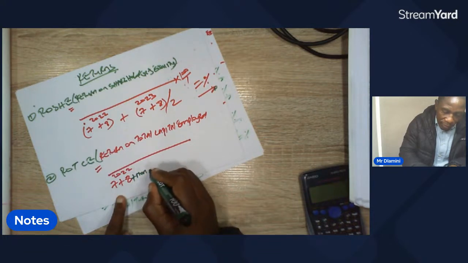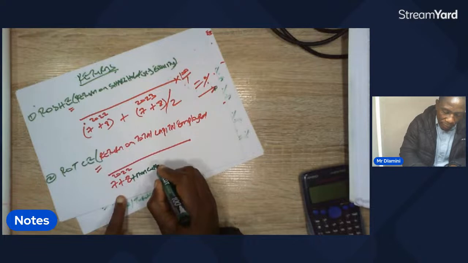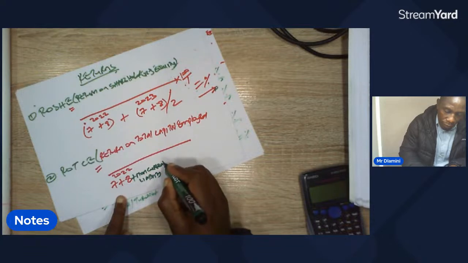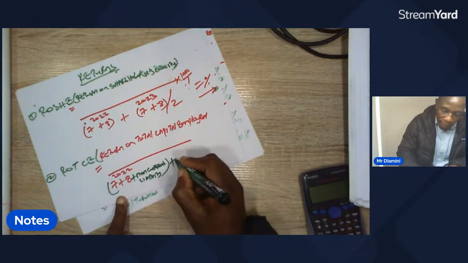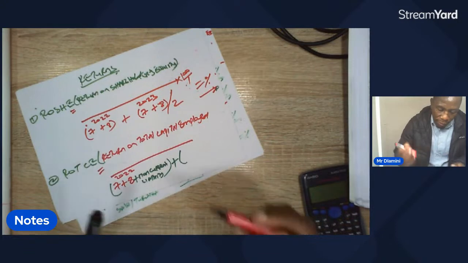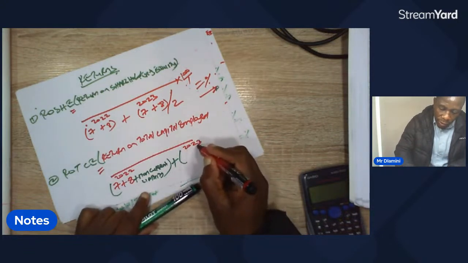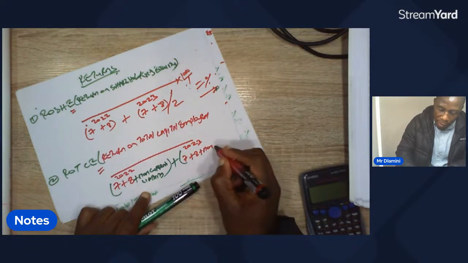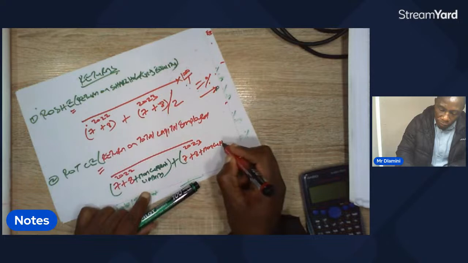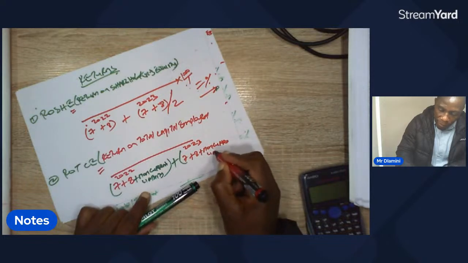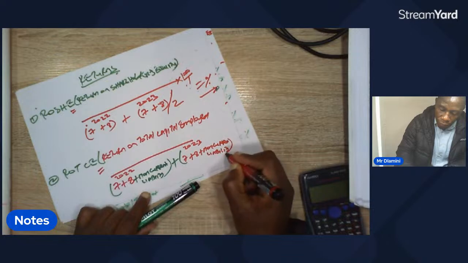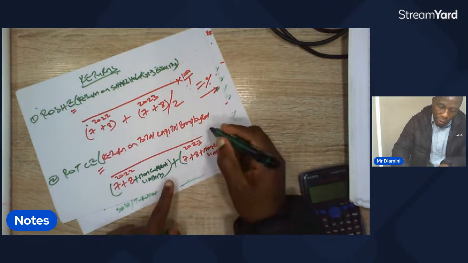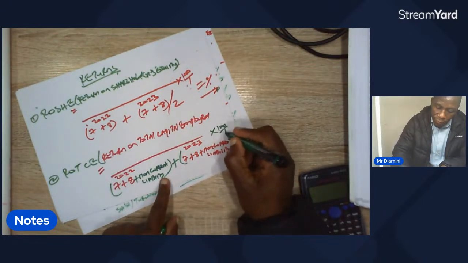Plus, now for 2023, 7 plus 8 plus non-current liability. Divide by 2, right? And then times 100 over 1.